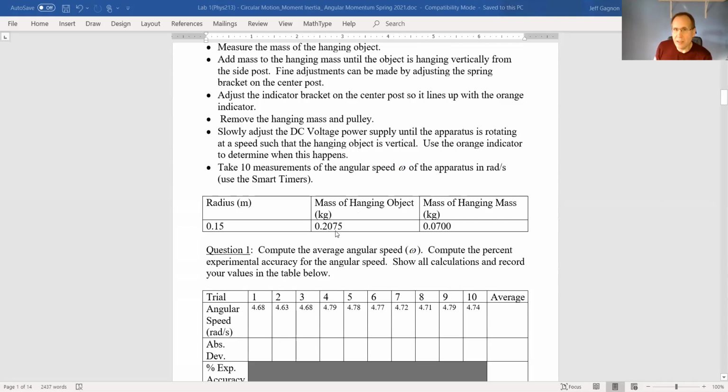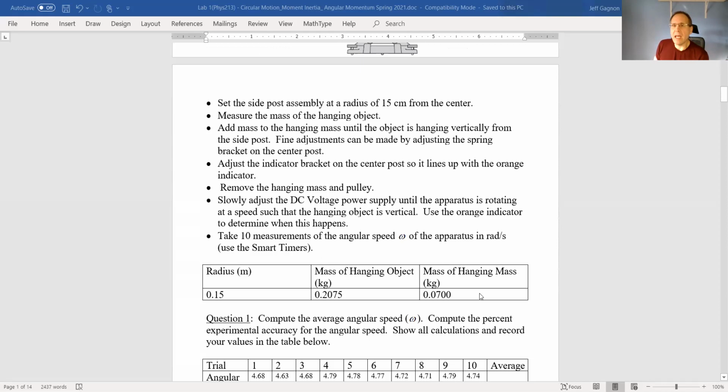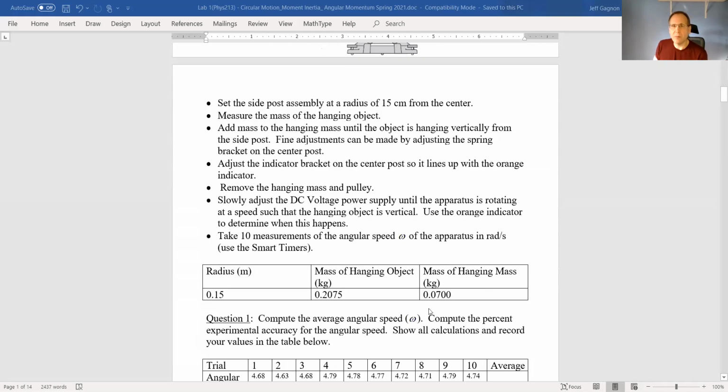That's 0.2075. Remember, that's the thing that's being rotated, the hanging object. And then this you'll need later. The hanging mass here is that blue weight set, what we had to add to the hanger here, so that this whole thing is balanced and the hanging object is hanging vertically. And that ends up being 0.0700.